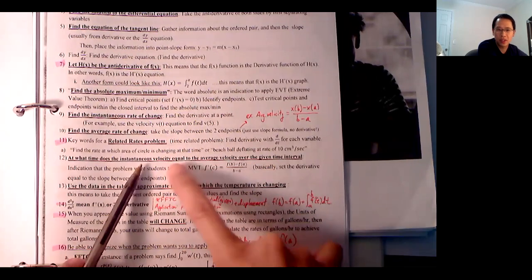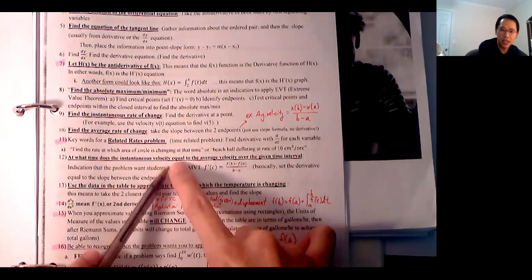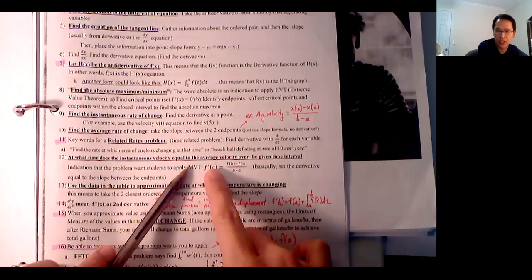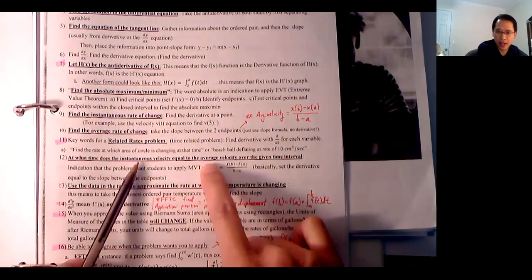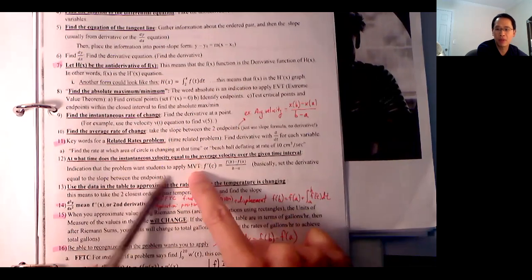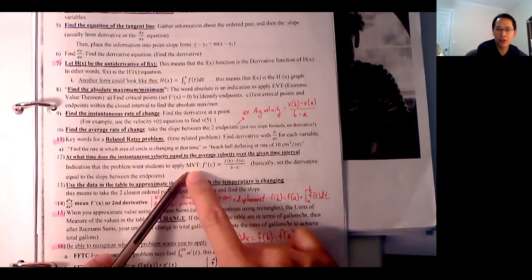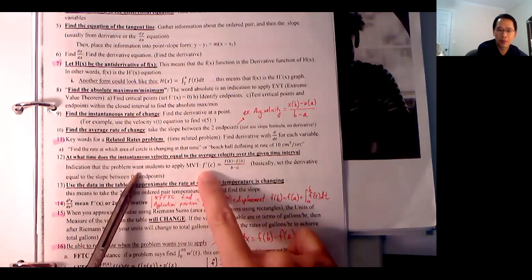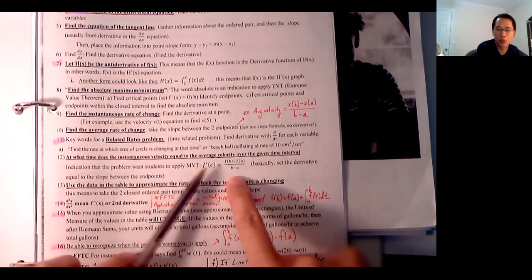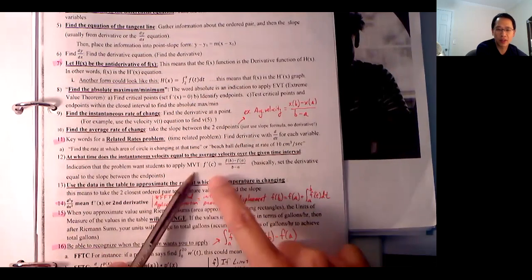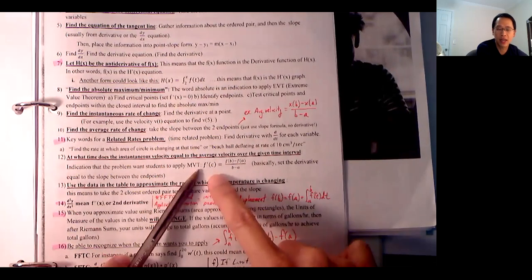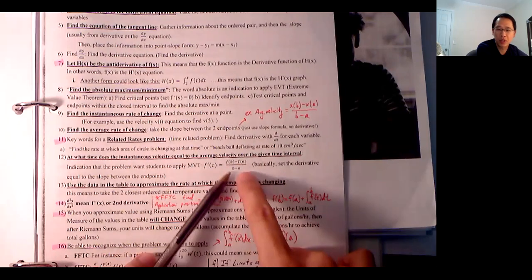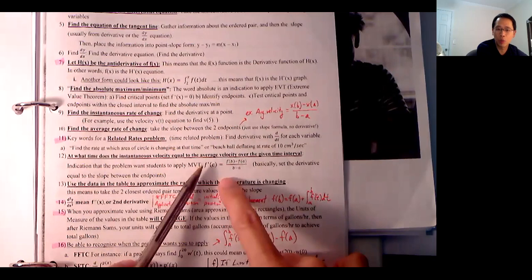Whenever you see this connection between instantaneous rate of change and average rate of change, that should be a red flag that this problem is trying to get you to apply mean value theorem. Instantaneous velocity, instantaneous rate of change, that's the derivative. We set the derivative equal to the slope between the endpoints because that's what mean value theorem guarantees. It guarantees that whatever slope you find between the endpoints, that specific slope is going to sit somewhere on that curve.